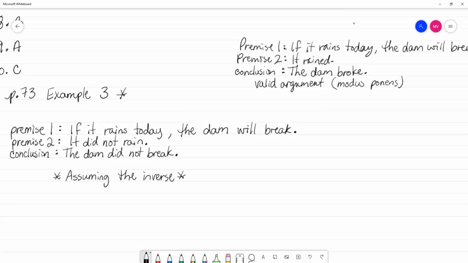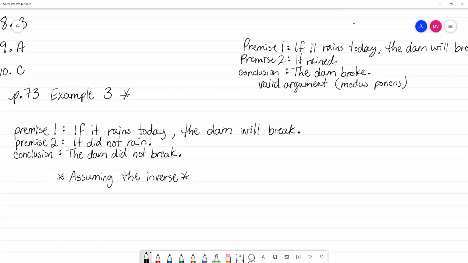So you see how if the premise negates the first simple statement, you can make the mistake of assuming that it negates the second simple statement. So you get an invalid conclusion.